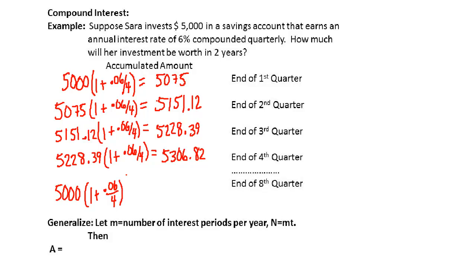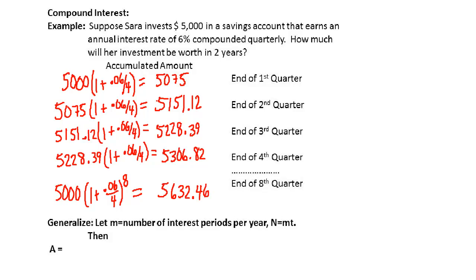And if I'm going to do that 8 times, remember, exponents mean repeated multiplication. So multiplying by this quantity 8 times looks like this. And so we find at the end of 8 quarters, the balance is $5,632.46.